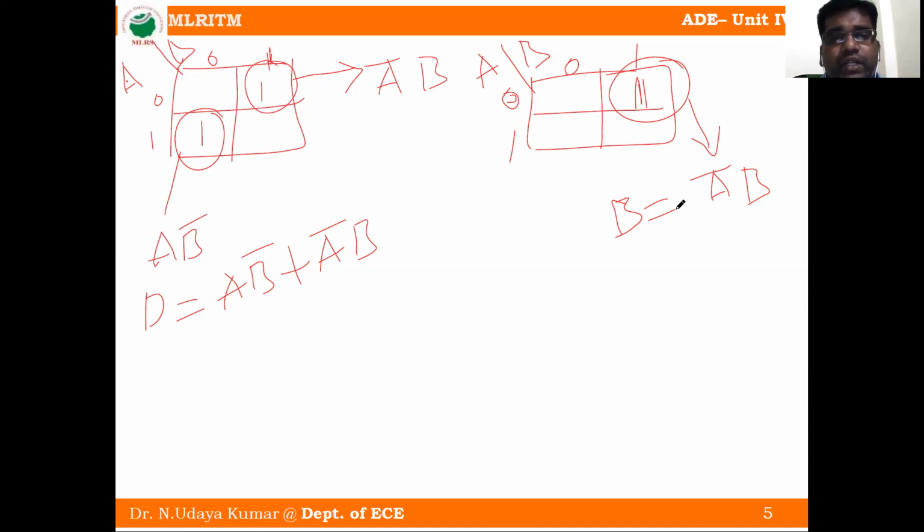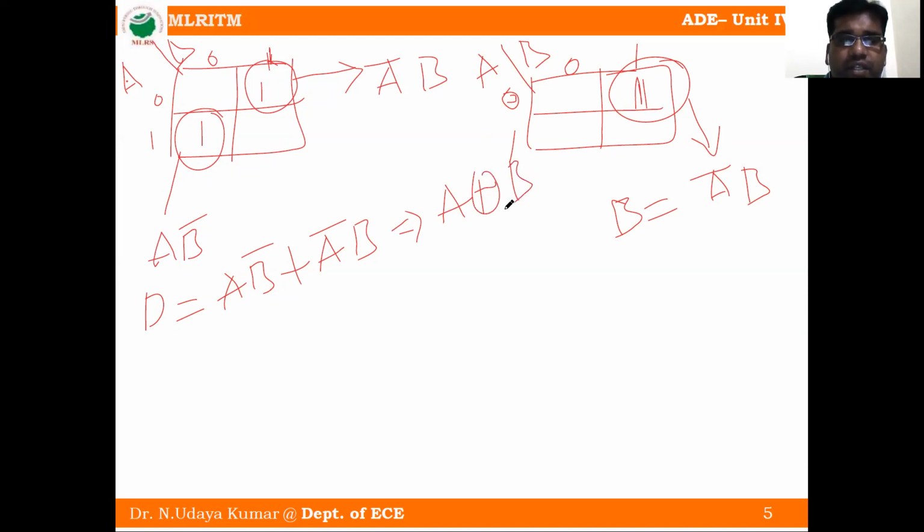Now we will implement the combinational logic circuit by using these expressions. So this A B bar plus A bar B is nothing but A XOR B. Yes, correct.